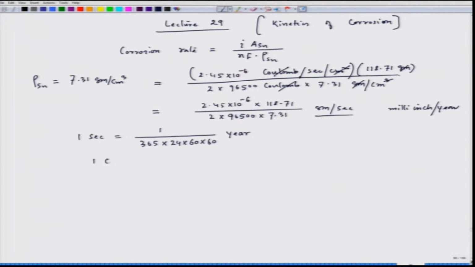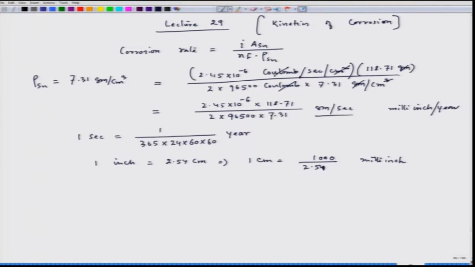Now, 1 inch is equal to 2.54 centimeter. So, 1 centimeter equals 1 divided by 2.54 inch. I can make it milli-inch by putting here 1000, because 1 inch is equal to 1000 milli-inch.